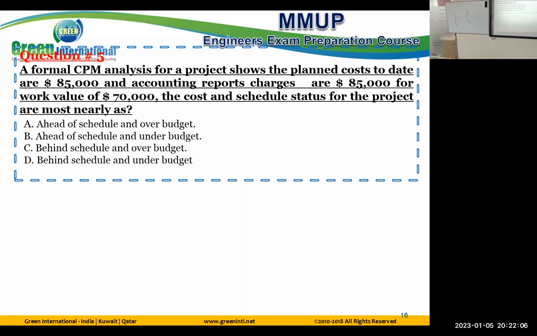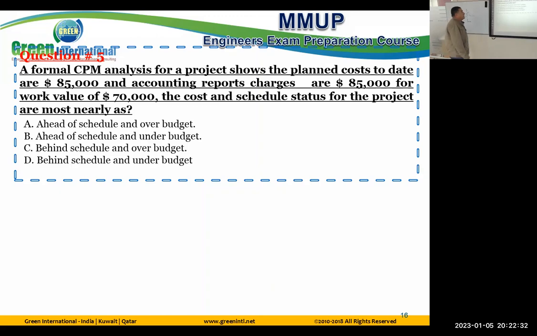Our baseline is based on the critical path method, which we are creating a critical path and non-critical activities. And by this method, we have techniques, we have a lot of problems and a lot of questions coming in our way. Analysis for a project shows the planned costs today.